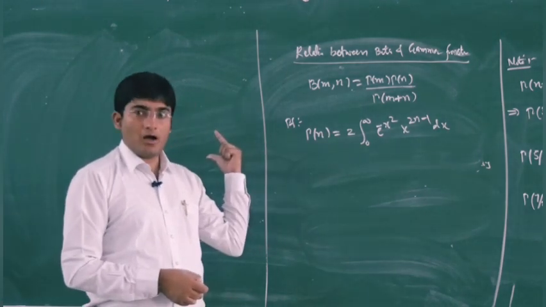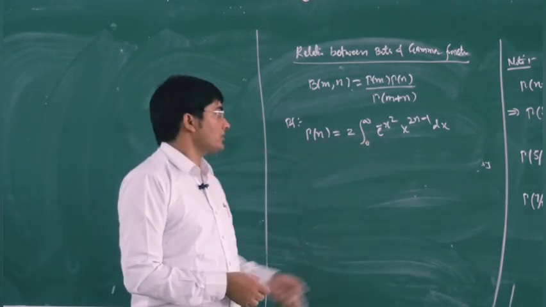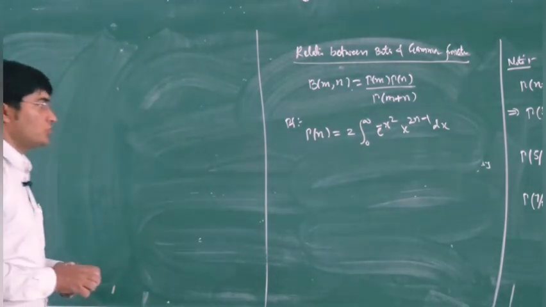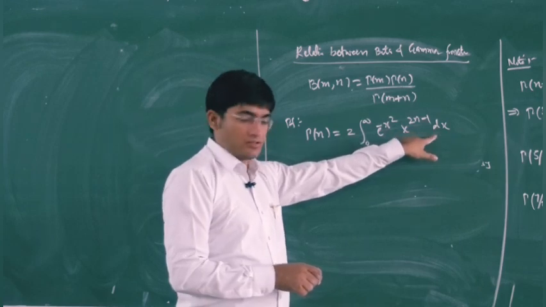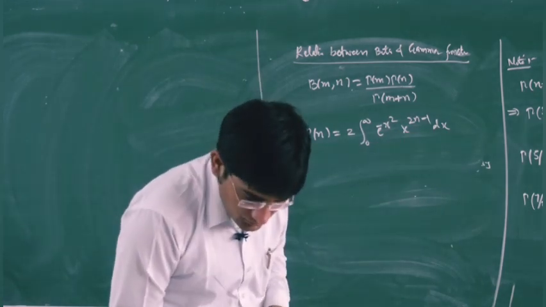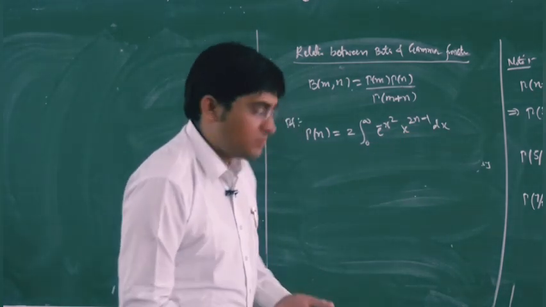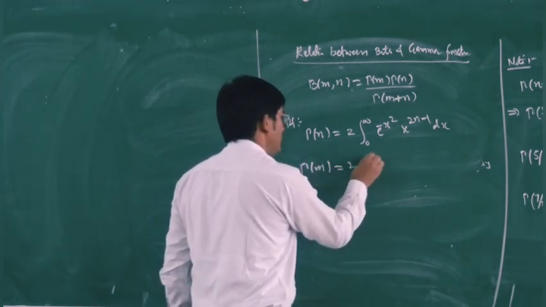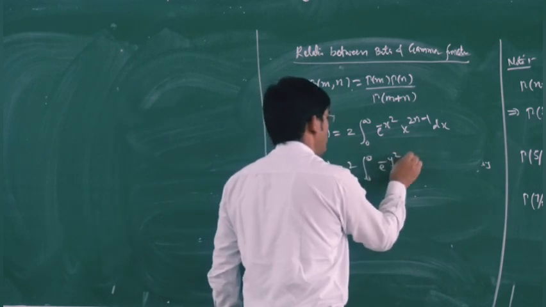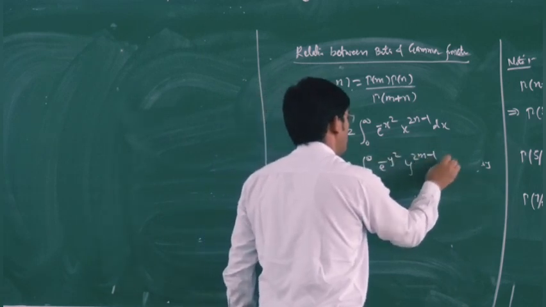In the proof of gamma half, I have already given this result. So our gamma n is equal to 2 times integral 0 to infinity e power minus x square x power 2n minus 1 into dx. This was our gamma n. Similarly, your gamma n will be 2 times integral 0 to infinity e power minus y square y power 2n minus 1 into dy.